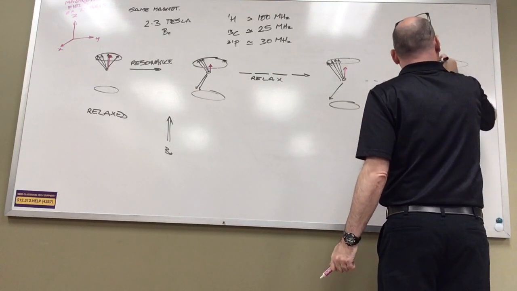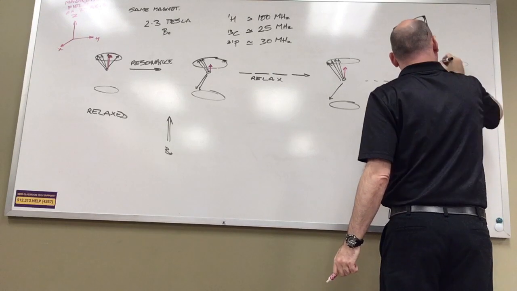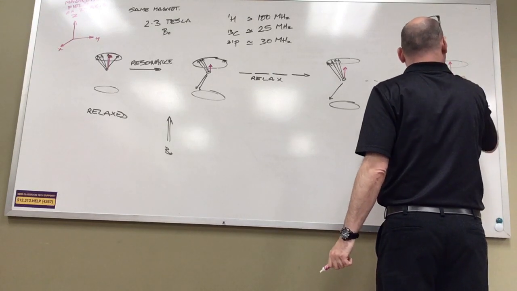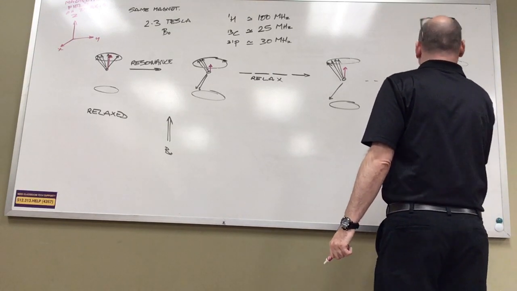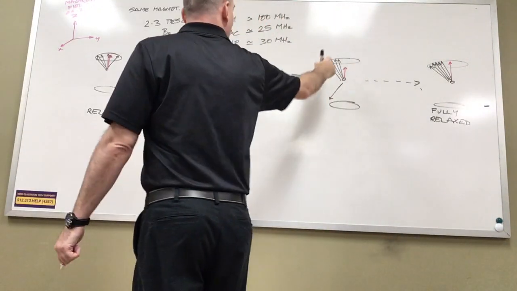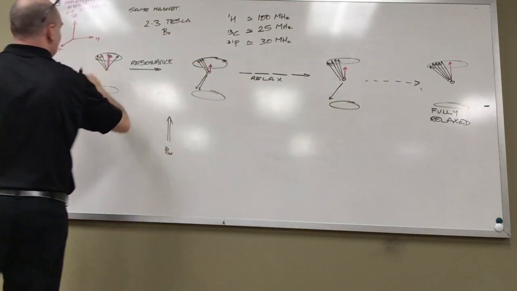So this is showing, and there is actually a reason why there's 5 of these. There should be 5.